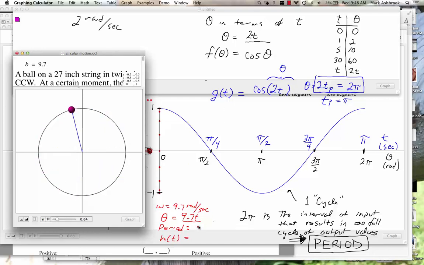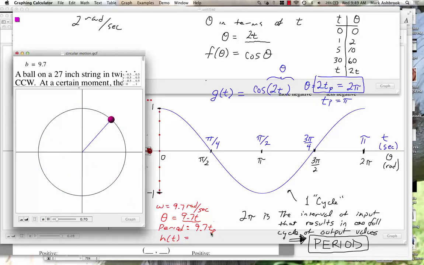We put 9.7 T sub P equal to 2 pi. What does 9.7 T sub P represent? What kind of quantity is that? Yeah, it's an angle.